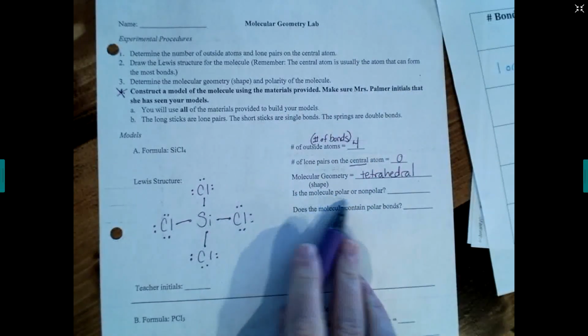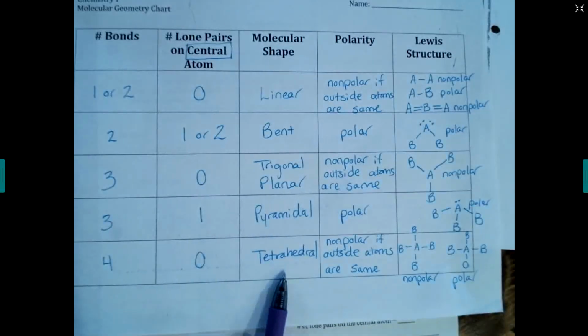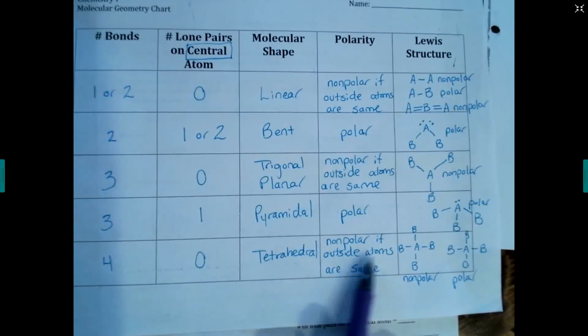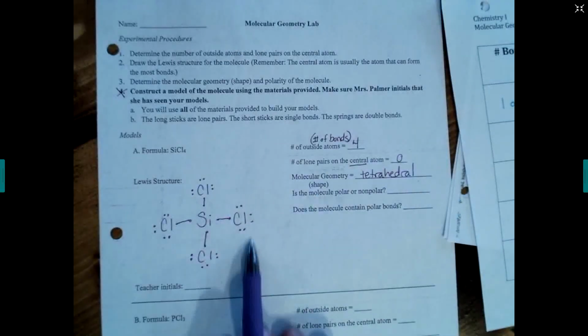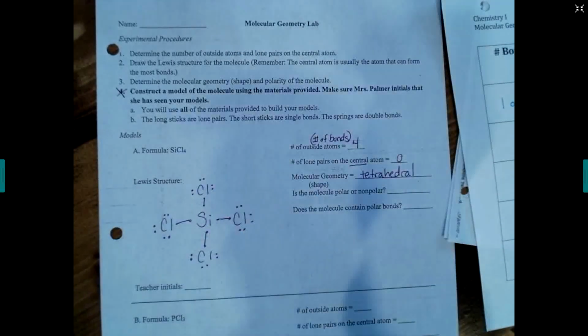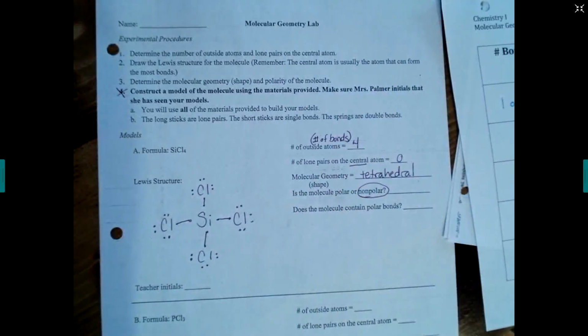Is the molecule polar or nonpolar? So looking back at my chart, it says that tetrahedral molecules are nonpolar if the outside atoms are the same. Well, in this example, all of my outside atoms are the same, so it's going to be nonpolar. And then, does the molecule contain polar bonds?